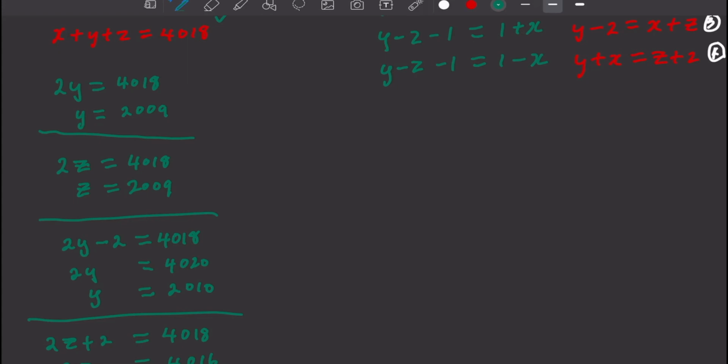So we know that y equals 2009, z equals 2009, so x would have to be 0, because 2009, if we double it, would give us back 4018, because we want to work out y plus z plus x to see whether that is 4018.